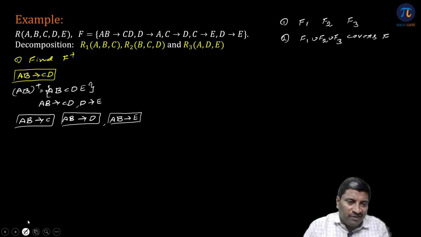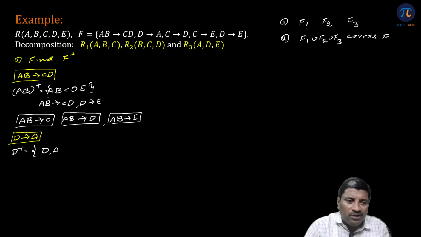So what is the second FD? The second FD is D goes to A. With the D goes to A, what else is possible, sir? D closure equals D comma A. Then anything else possible, sir?